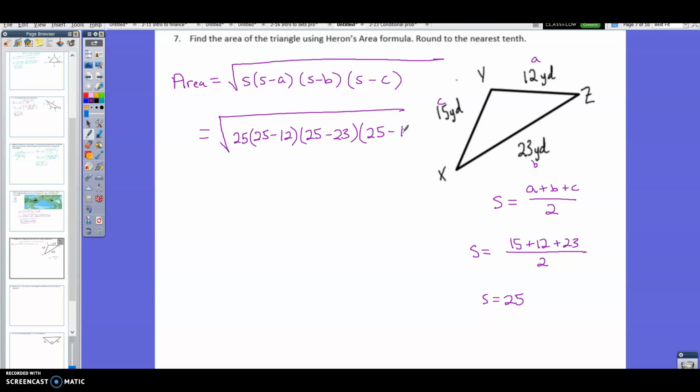And then the other one is 15. So now all we got to do is type it into the calculator, and we will get our answer.